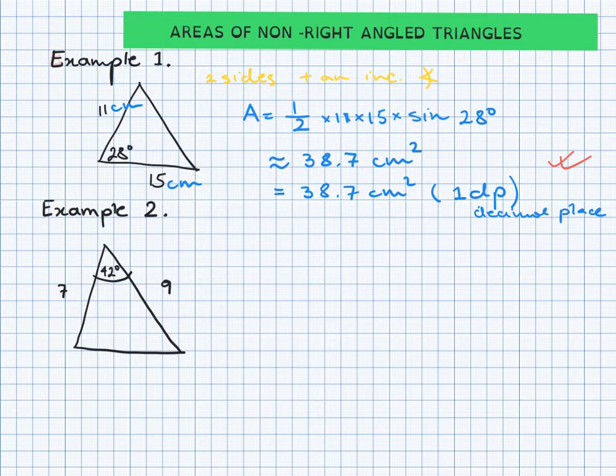Now the next one, again, is similar. It's just that the angle is on the other side, but we still have one side given and the other side given, and an included angle. So it's going to give us half times 9 times 7 times sine of that included angle, which is 42. When you calculate this, let me have a look, I need my calculator for this one.